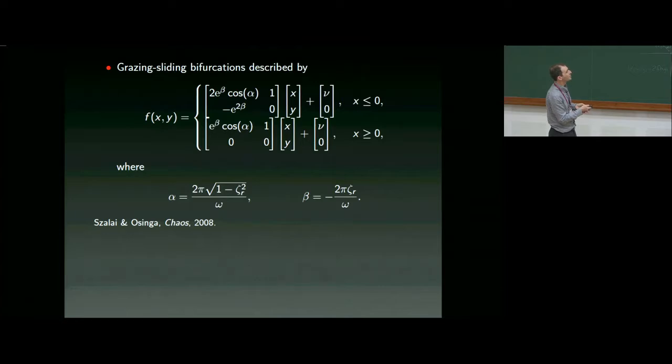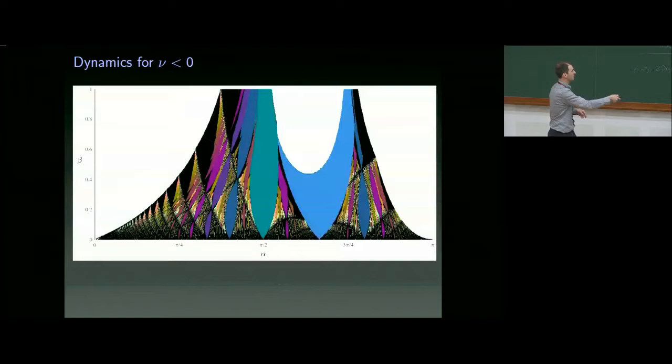Normally I'd use the symbol mu here, but I'm already using mu for my measure, so I have to use nu instead. Okay. Yeah, so this was set up by Robert Sally, Henke Oesinger, and this is the picture they came up with. I've just reproduced it with my own numerics.